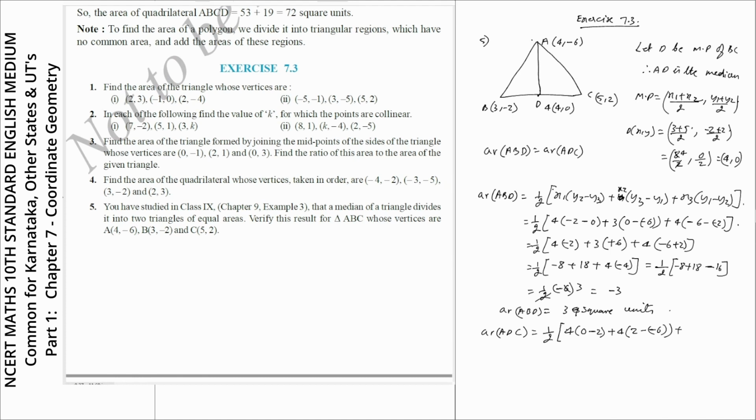Then plus x3 is 5, then y1 minus y2, that is minus 6 minus 0.